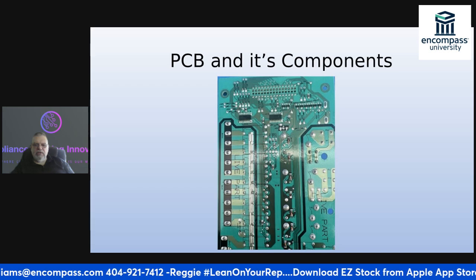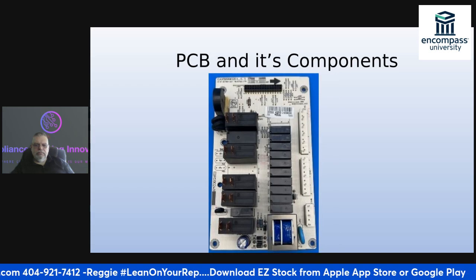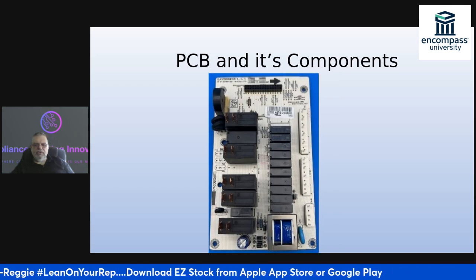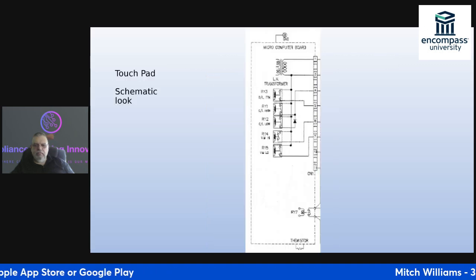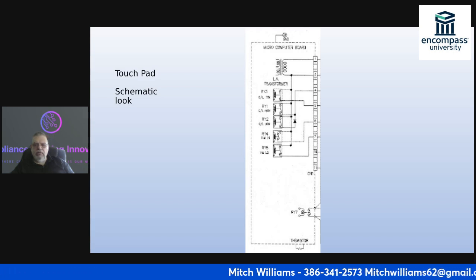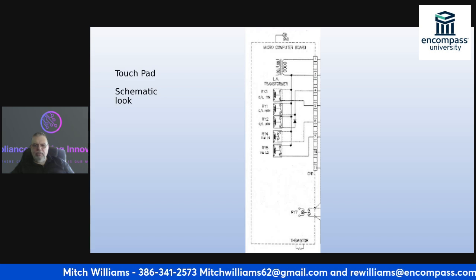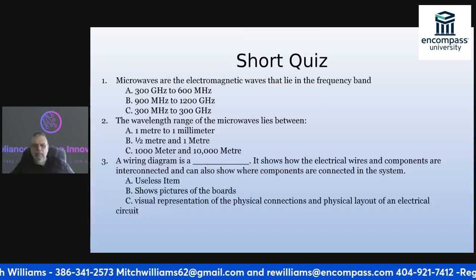Actually, I've got to go back to this one. There's my low voltage transformer right there on the bottom. So right here are all of the switches. There's a thermistor at the bottom right here.